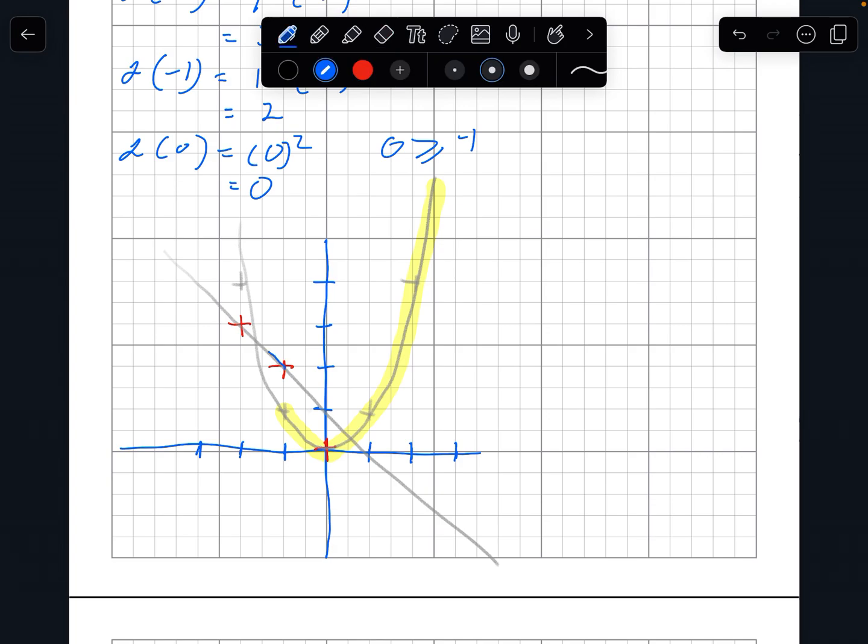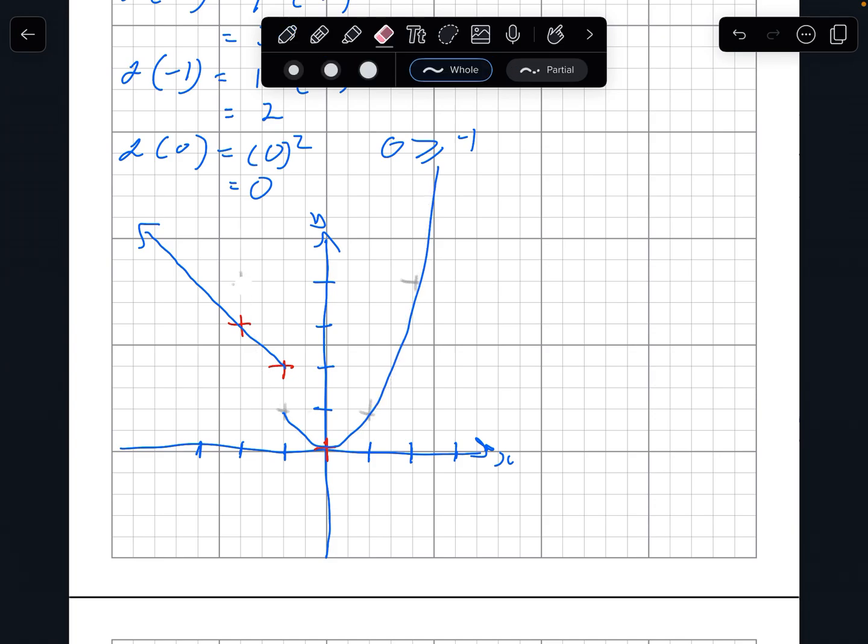From -1 left, that's our linear function. Now our quadratic from -1 onwards. We have that. Again, let's get rid of some of these pencil marks that we don't want.